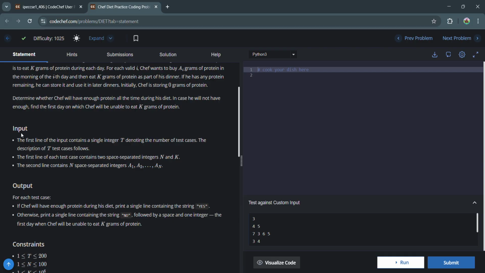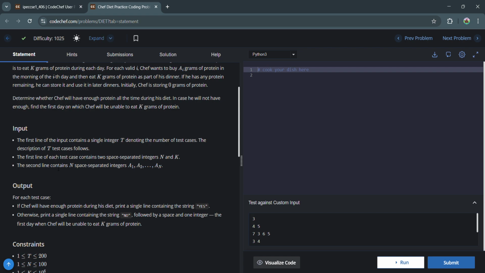In the input, we have the number of test cases T, and for each test case we have N and K, and then N integers.